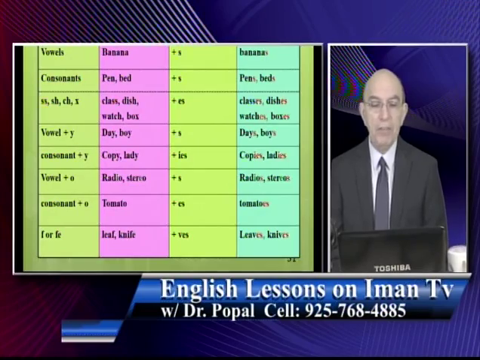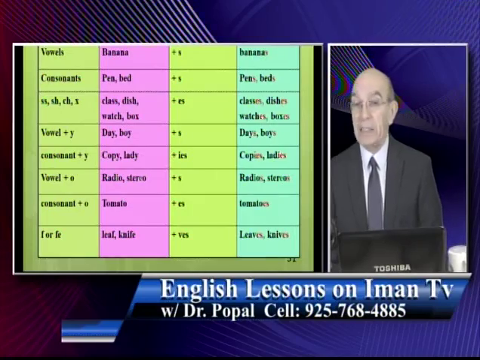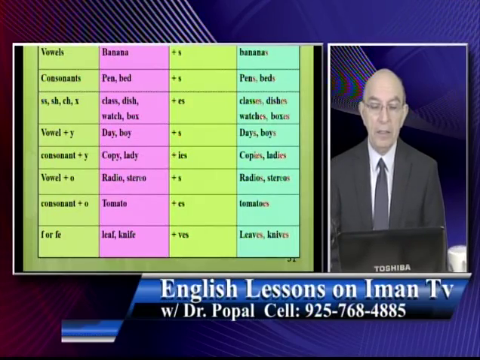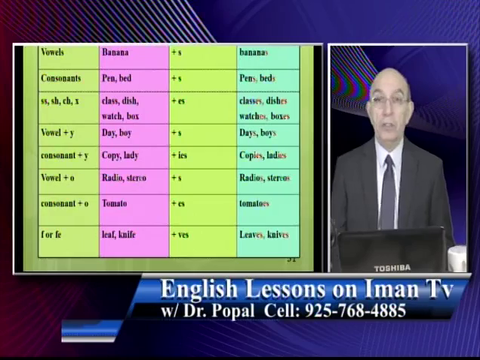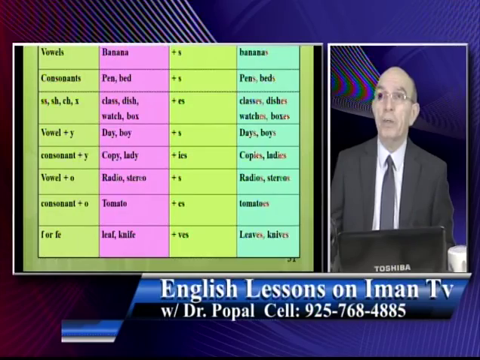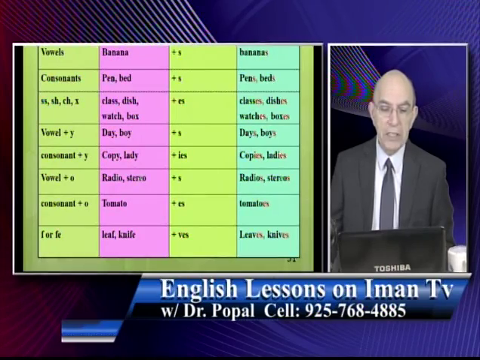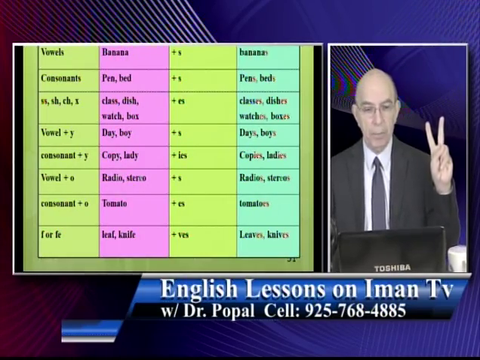For example, if the ending is a vowel, like banana, and before the vowel is a consonant, then you put an S. The vowel letters are A, E, I, O, U. So you say bananas. One banana, two bananas.